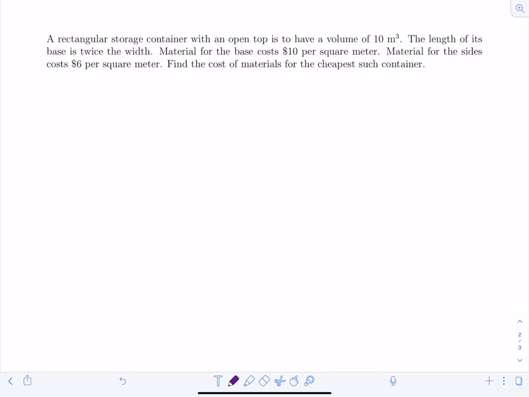All right, well, first things first, we read it pretty carefully. We're trying to find the cost of materials for the cheapest such container. So let's draw it out and then figure out what sort of quantity we're trying to, in this case, cheapest means minimize, right? You want to minimize the cost. So we have a rectangular container, and it's open.